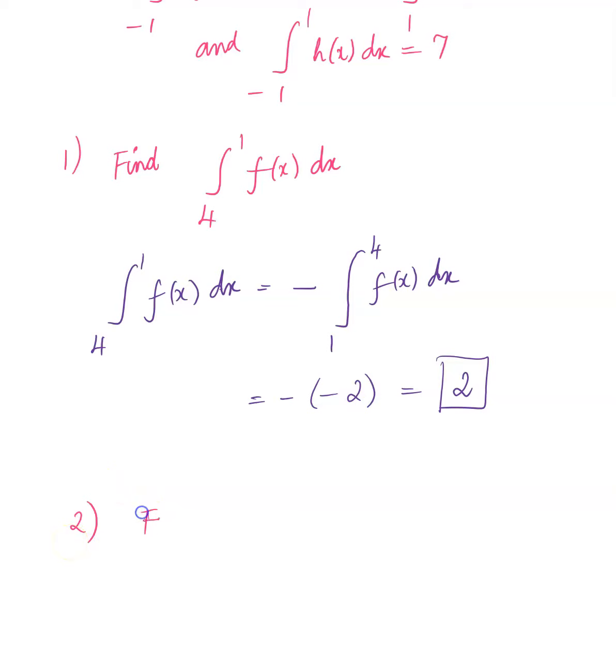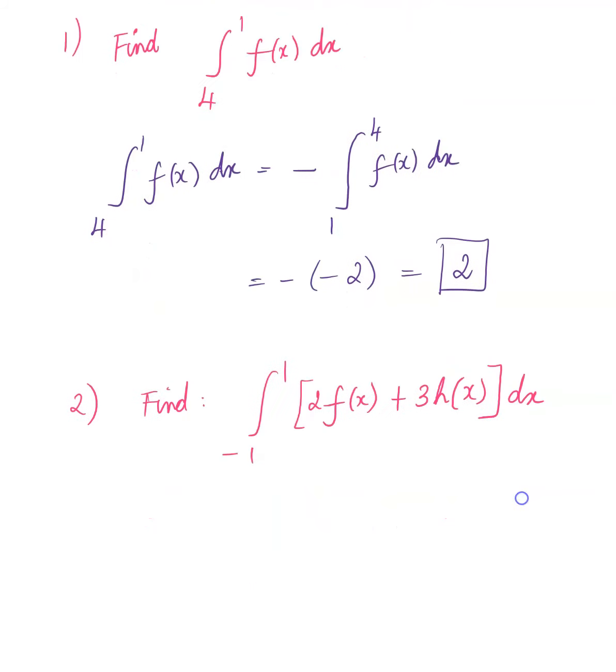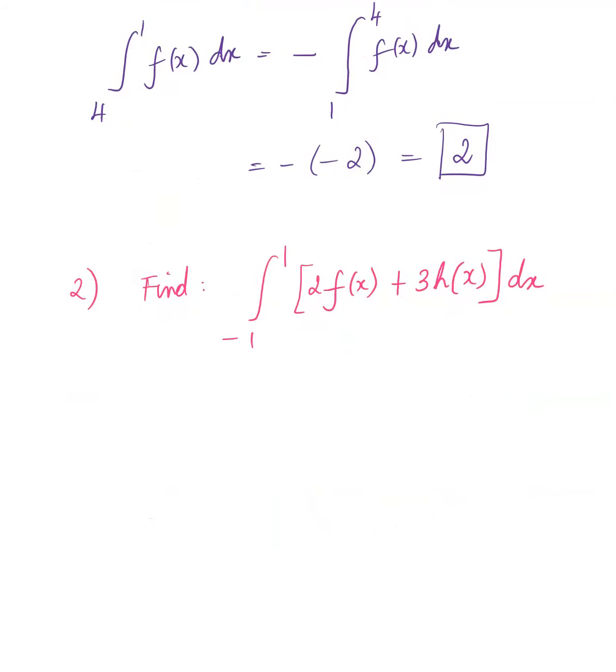Now we have the second question. Find the integral from negative 1 to 1 of 2 times f of x plus 3 times h of x. So we know that we could split this into individual integrals.